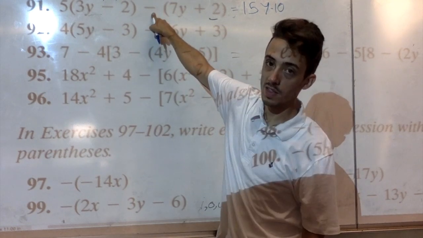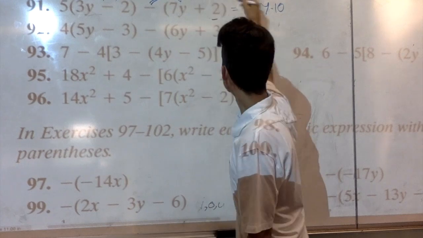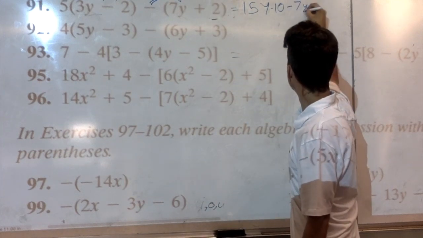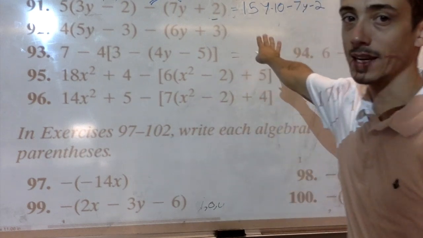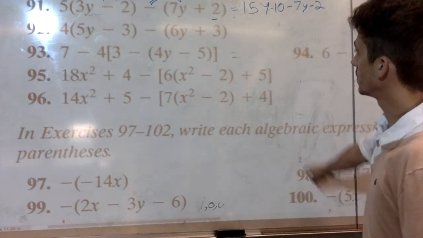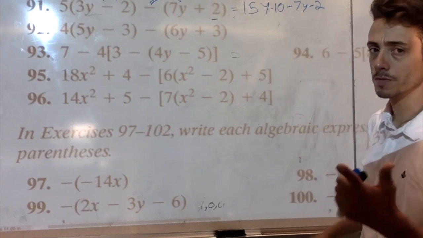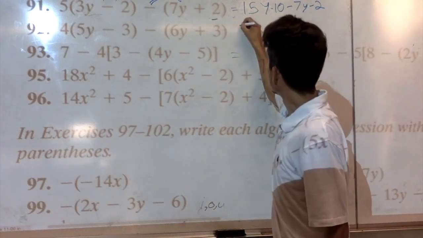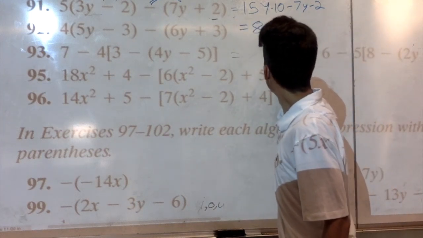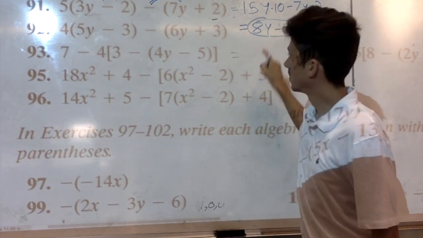If I distribute in this negative sign to 7y plus 2, this then deducts 7y and deducts 2. So from here, is there anything that we can combine? We have 15y minus 10 minus 7y minus 2. What do you think? Should be saying 8y minus 12. Done.